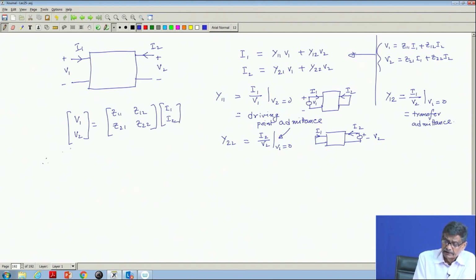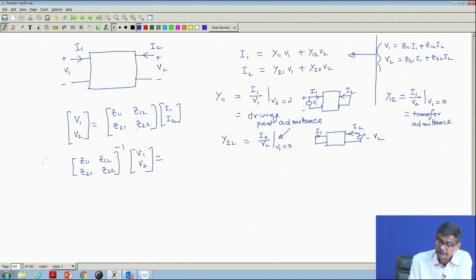Therefore, as I was telling last time, you multiply with Z inverse on both sides. Z is this matrix, Z11, Z12, Z21, Z22. So you pre-multiply with Z inverse both sides of this equation.